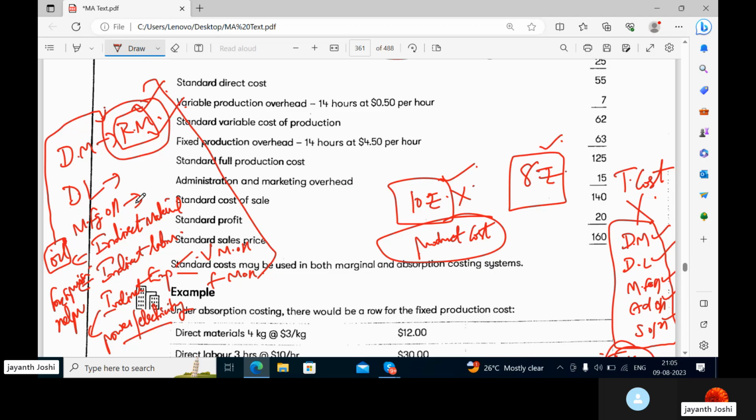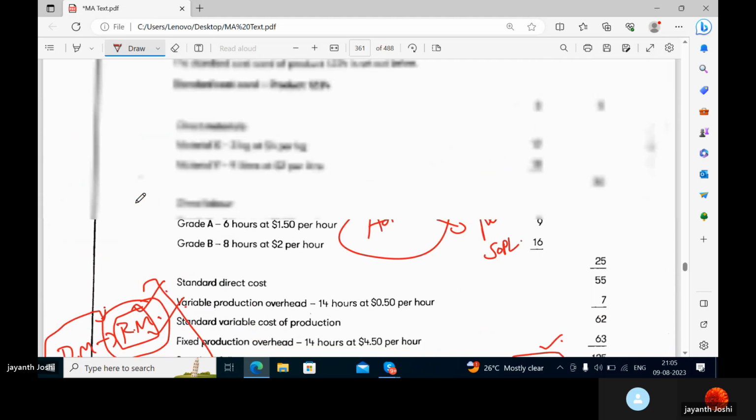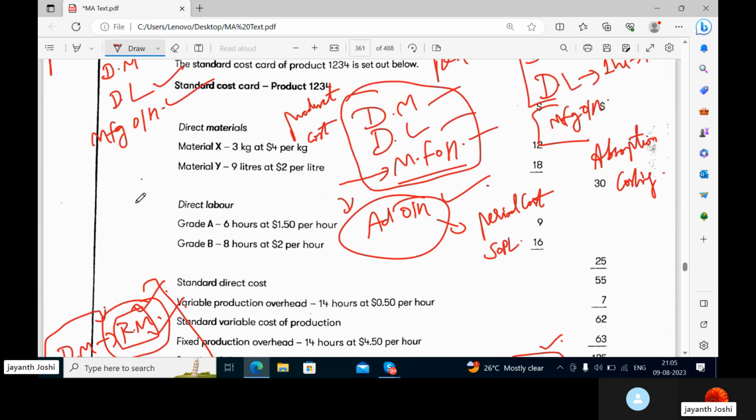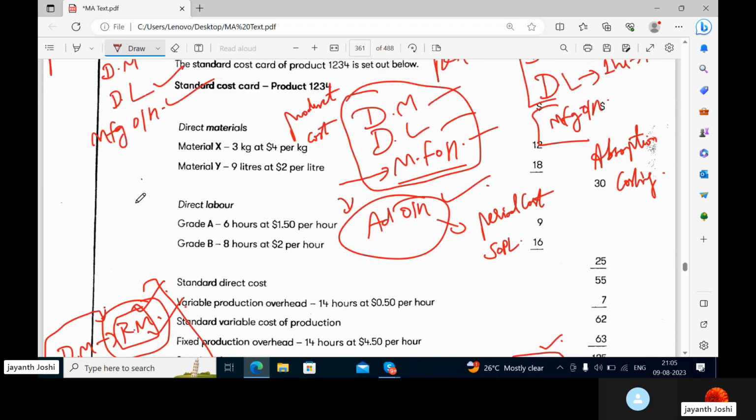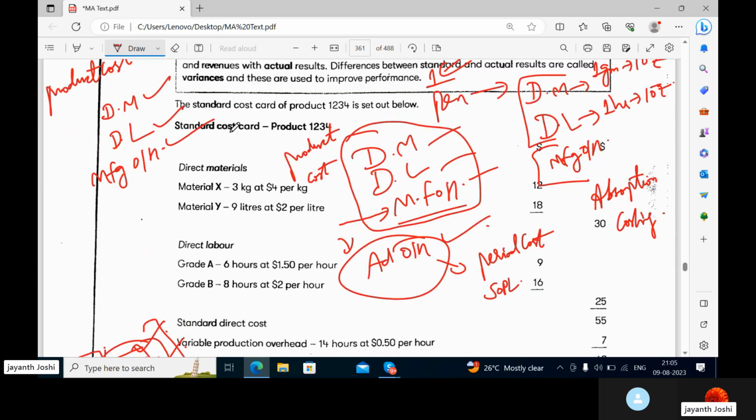Fine. Because there is some involvement of those manufacturing overheads or costs in the production process, now let's see what the standard cost card looks like. In the standard cost card, you take direct material and direct labor.